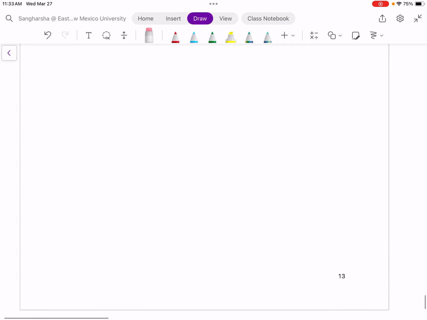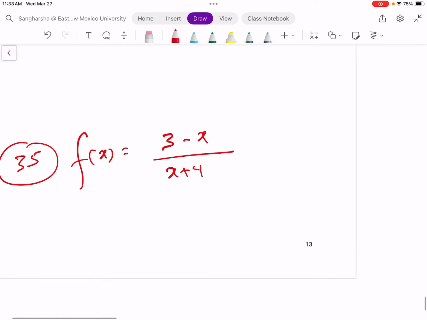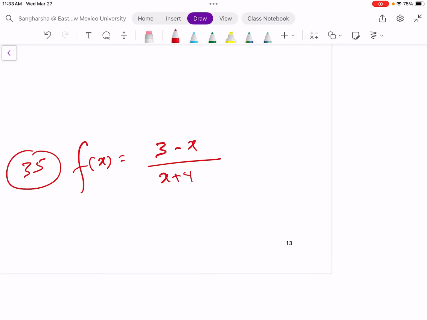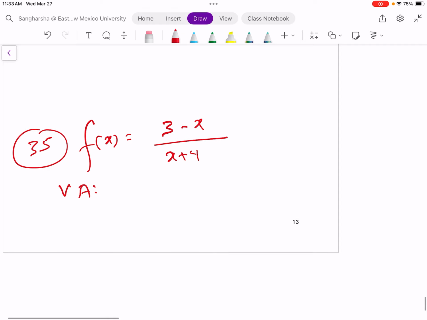So we are given a function f of x is 3 minus x divided by x plus 4. We are graphing this function. The very first step is we find the vertical asymptote. What is the vertical asymptote for this function?